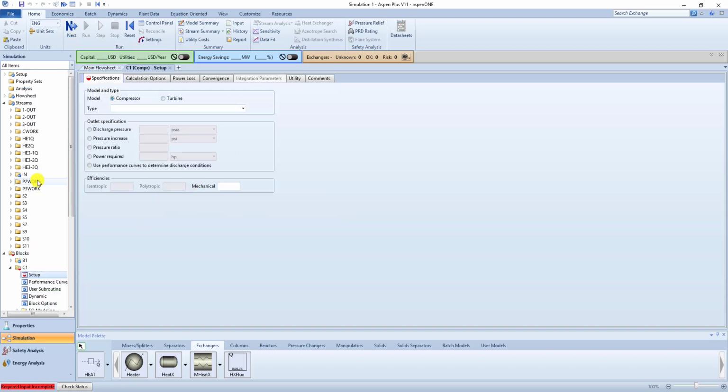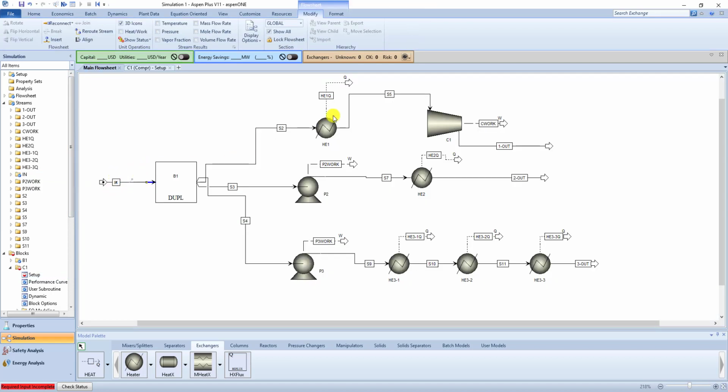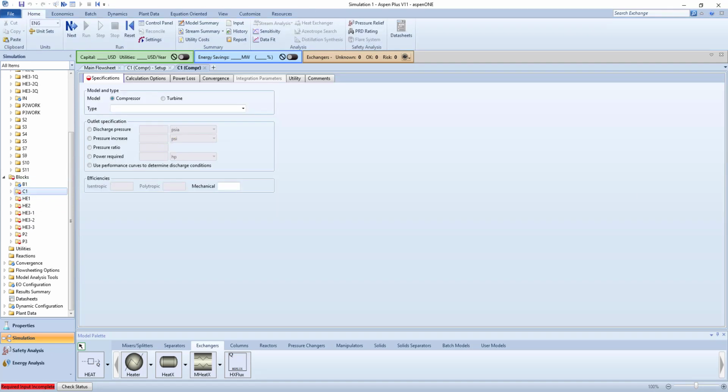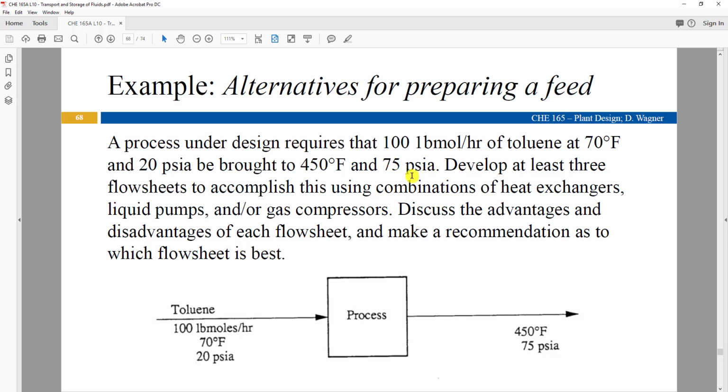So once we have our in stream, we can then go to all of our unit operations and specify everything we need there. So first is our compressor. We can select compressor or turbine, and we just want to pick the easy isentropic, but our discharge pressure is our actual specification of 75 psia.